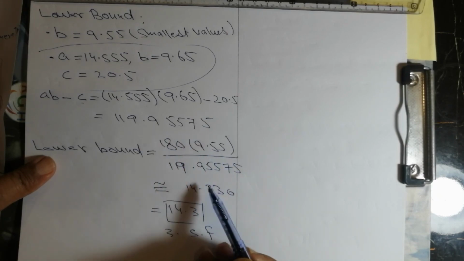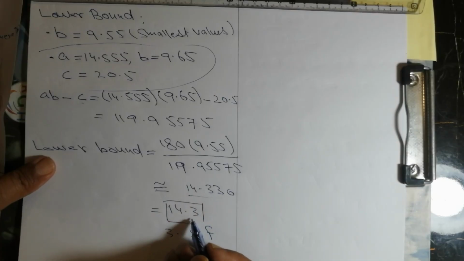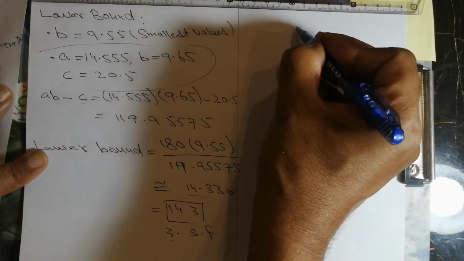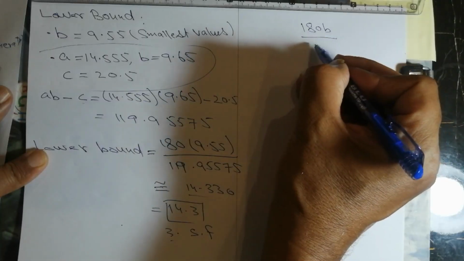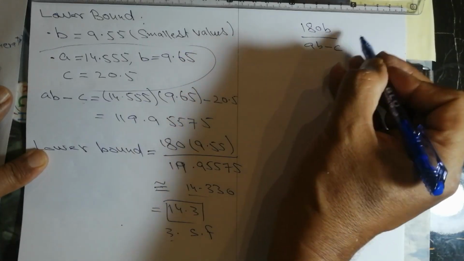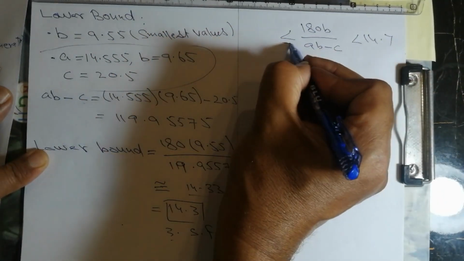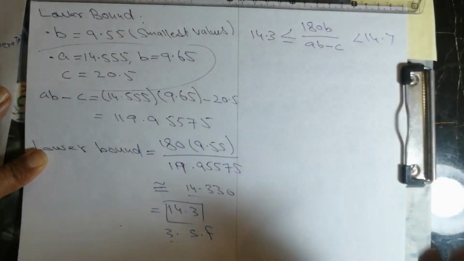Multiply and divide, it is approximately equal to 14.330, up to 3 significant figures. So this is the answer. But actually we should write it as ABC minus, this should be less than 14.7 and greater than or equal to 14.3. This is actually the final answer.